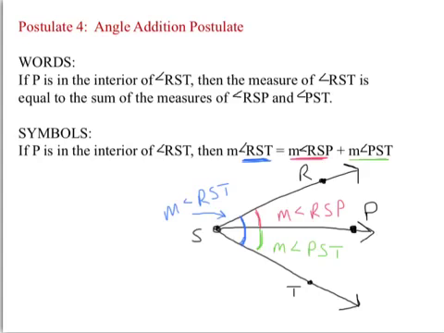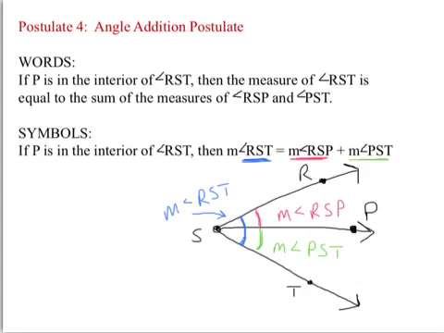Let's say that again. P is the interior of RST. Then the measure of RST is equal to the sum of RSP and PST.